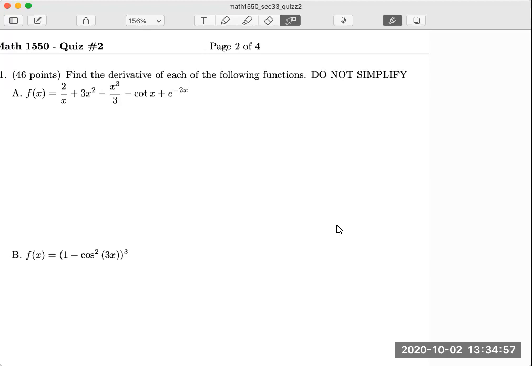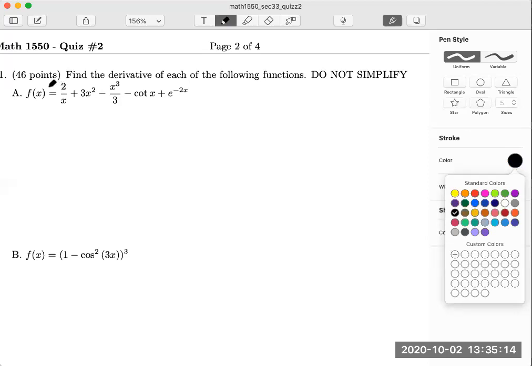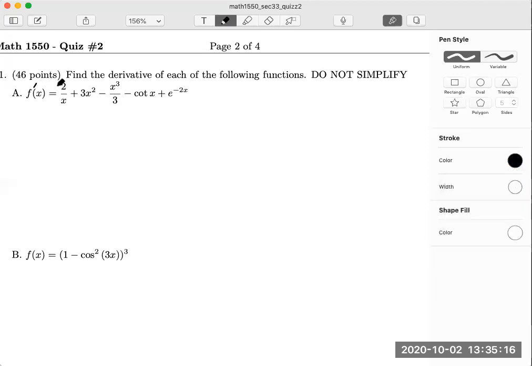So we need to compute the first derivative of this function, right? So here, derivative of this function.